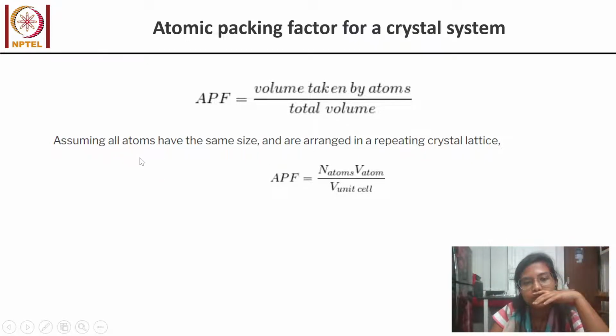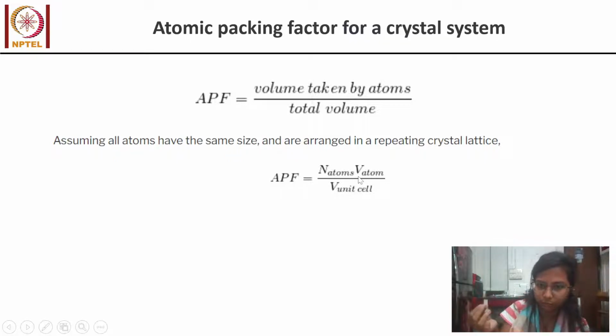So if we assume that all the atoms have the same size, then we can go a step further and equate the volume taken by atoms as the number of the atoms multiplied by the volume taken by each atom and divided by the volume of the unit cell. So here V represents respective volumes.